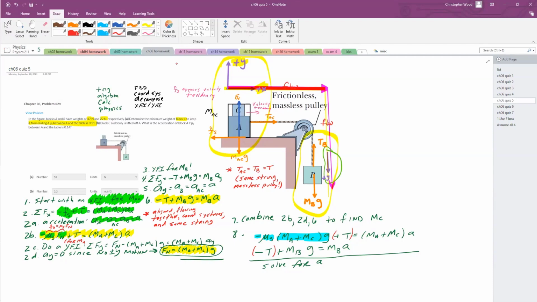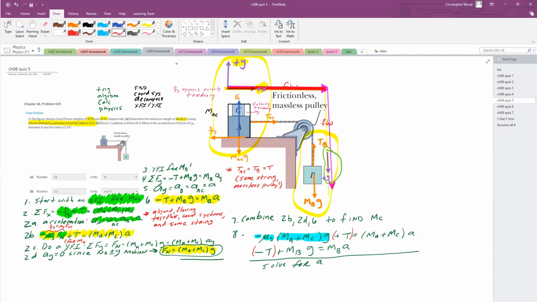Oh, wait, how are we supposed to find acceleration if we don't know MC? You do know MC. Well, no, actually, hang on. We don't know MC.